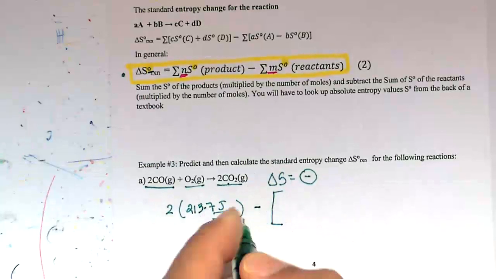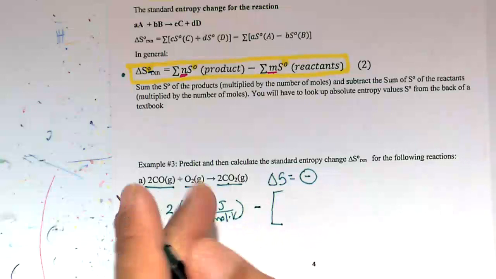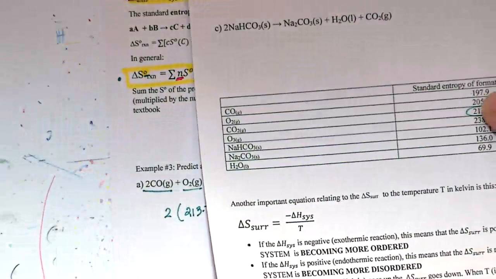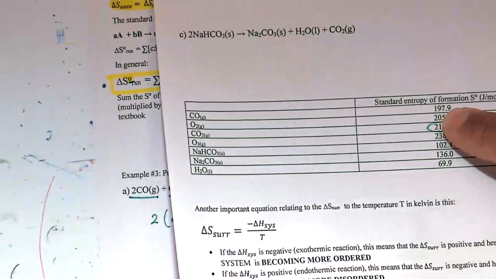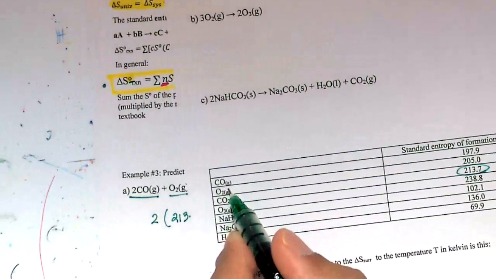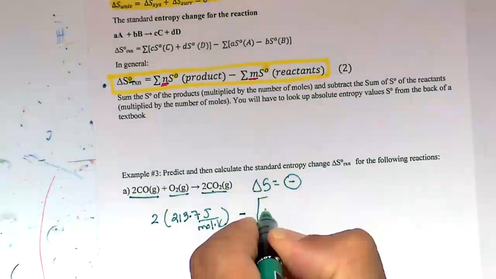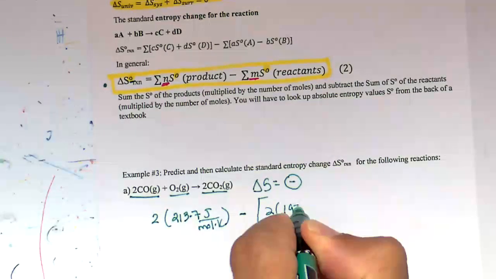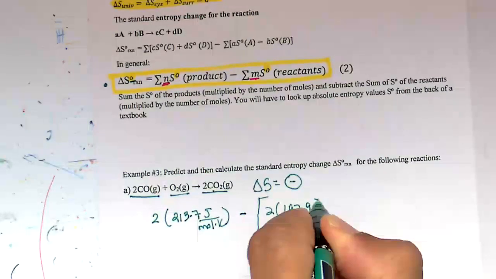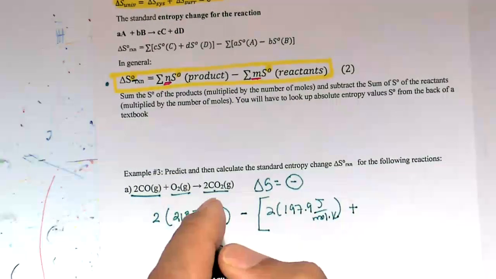Minus, and I want you to put a big bracket here. Let's do the reactants. We have CO. CO is 197.7. That's for 1 mole, but how many moles do we have? 2 times 197.9 joules over mole Kelvin.